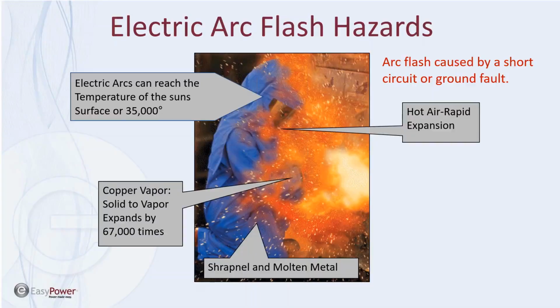One of the things to think about is we may have an arc flash boundary somewhere out in here, and what will happen is, this arc flash at that point will be from a first degree to a second degree burn.